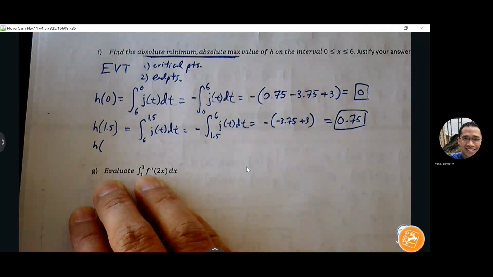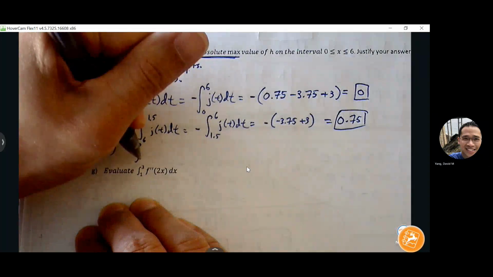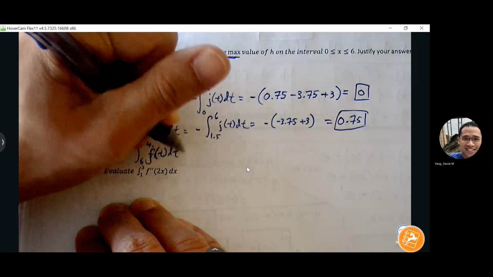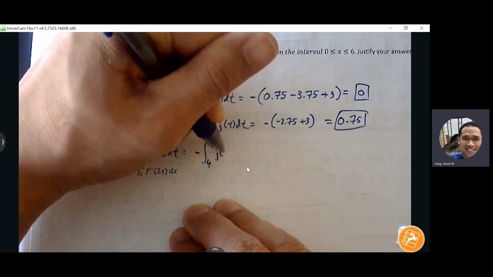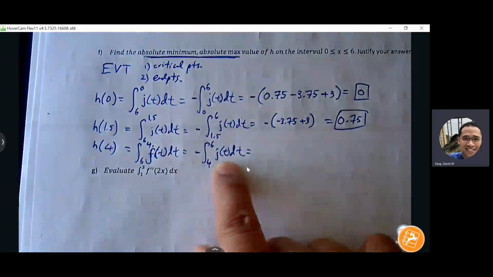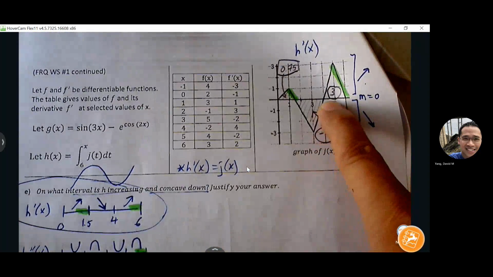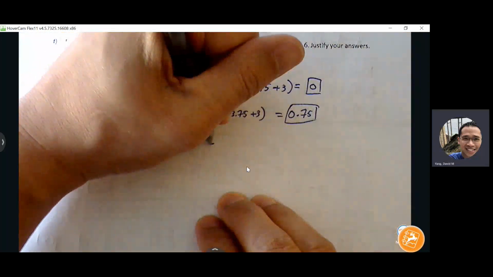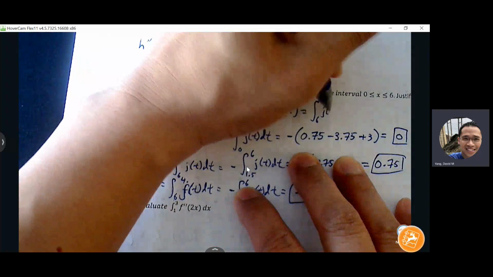What's next? H of 4. Change the sign, flip the bounds, because I want to read from left to right. What's this equal to? The area from 4 to 6 is just 3, but then I need to make it negative. And the last one is easy. H of 6, my bounds are going to match, so that's just going to be equal to what?